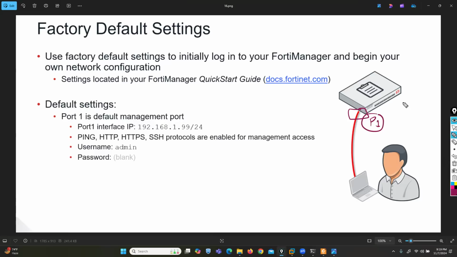Why? Because by default, port number one has this IP address and these services enabled. The username is admin and the password is blank. Let me show you this option. Wait.